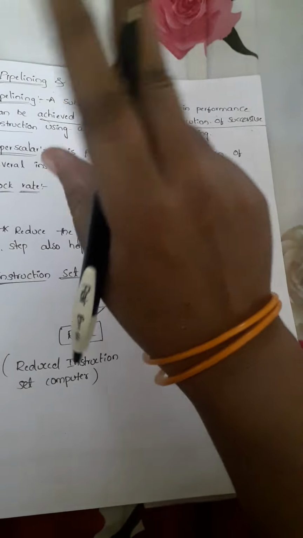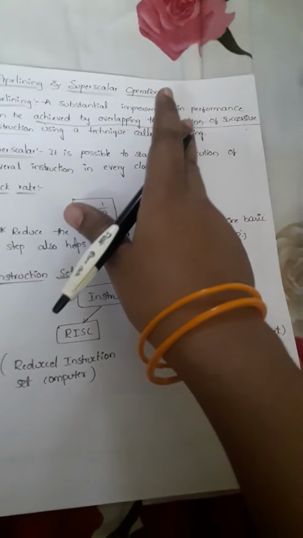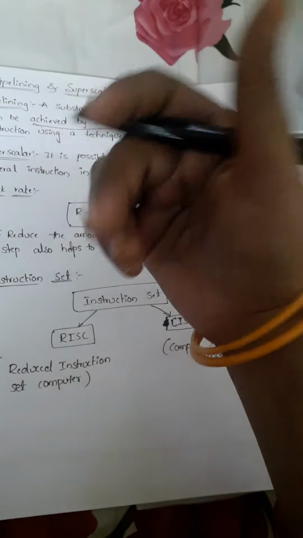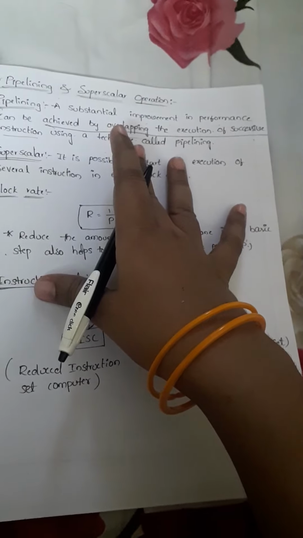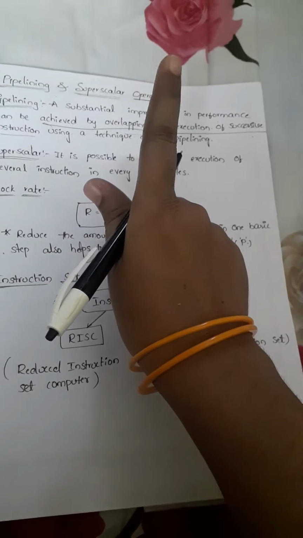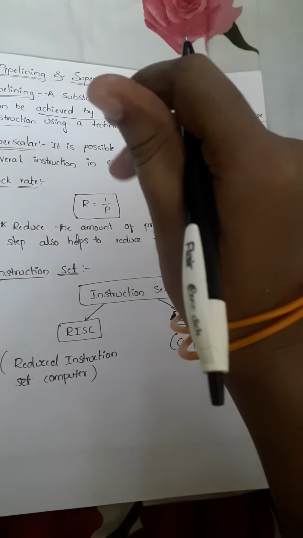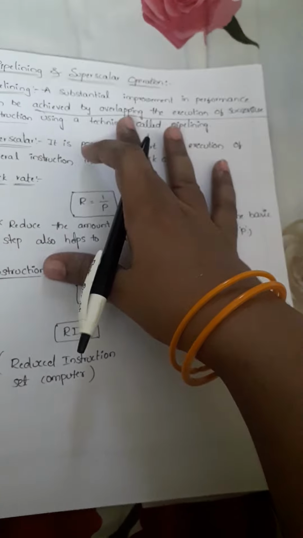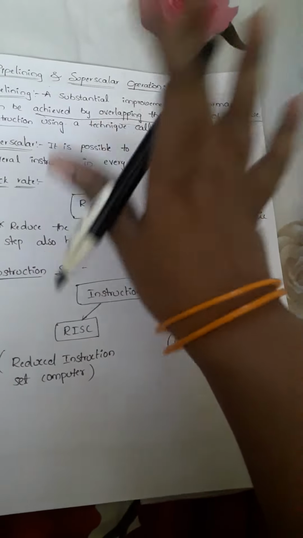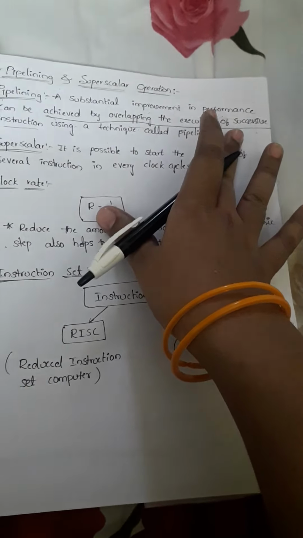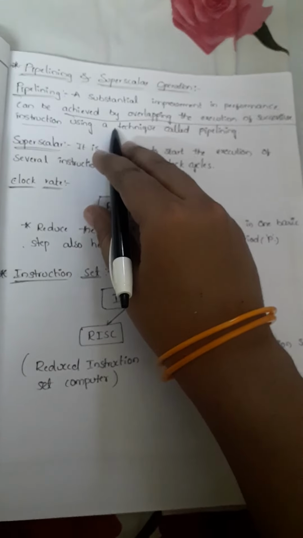So when two operations are done at a time, automatically time will be reduced. In a single clock cycle it will do multiple operations, automatically reducing the execution time of the program. That is called the pipelining technique.